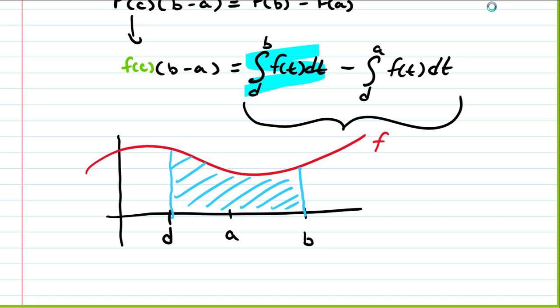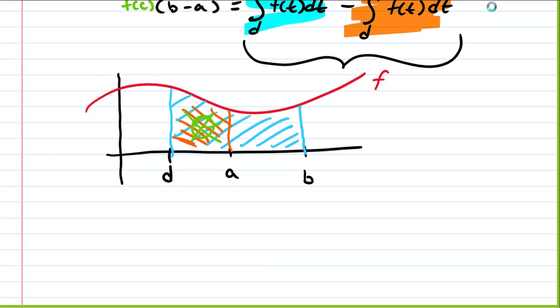And if we were to look at the integral from d to a, well, that would be this area, right? So if I were to subtract the orange integral from the blue integral, what's going to happen? Well, right here, I would be adding this part and then subtracting it, so this would reduce to 0, right? And what would be the only thing that would be left?